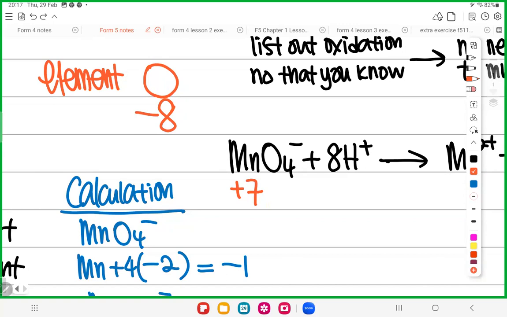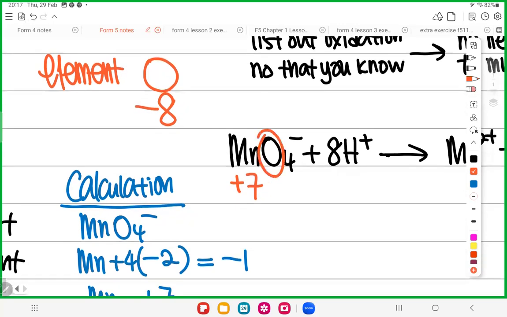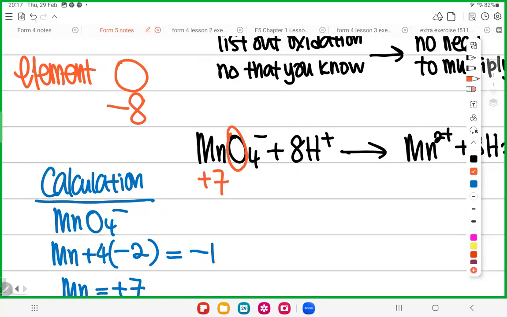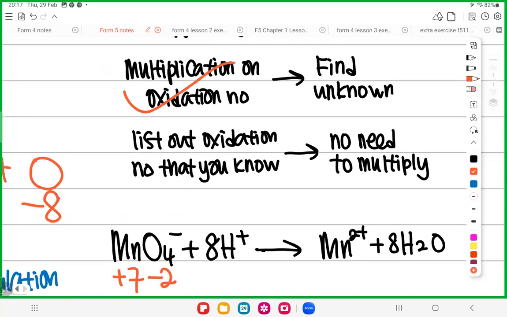Right, so the oxygen here, why is it not -8? Because of a simple thing. What is the oxidation number for oxygen? -2. Should we multiply by 4 here? No need. You only do multiplication when you want to find the oxidation number that you don't know.